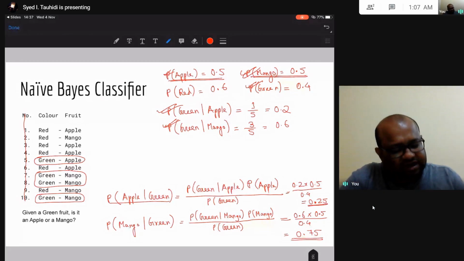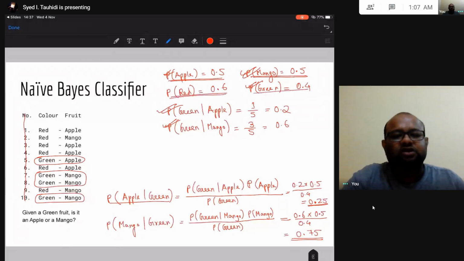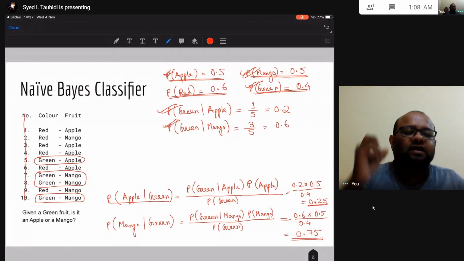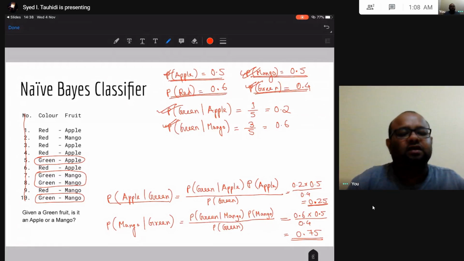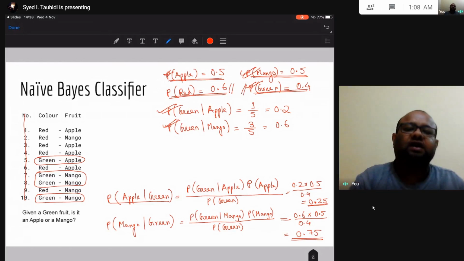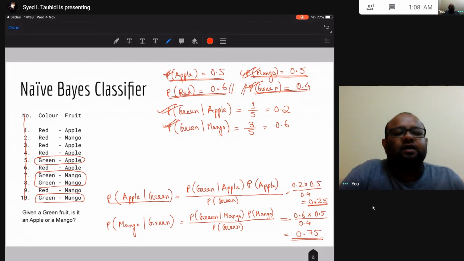Once again, this says that 60% of the fruits are red and 40% of the fruits are green. So this is what I get from the data set. My data set should be randomly sampled from the real world, and if these are true, then even in the real world, 60% of the fruit should be red and 40% should be green.